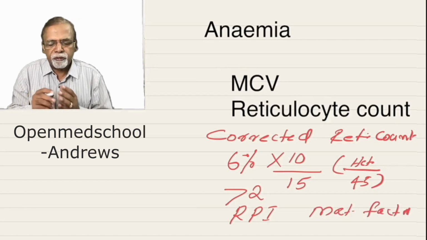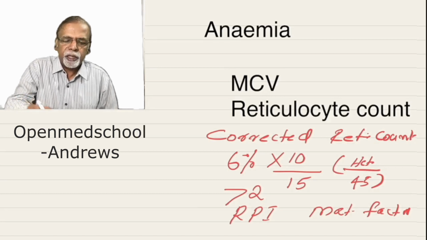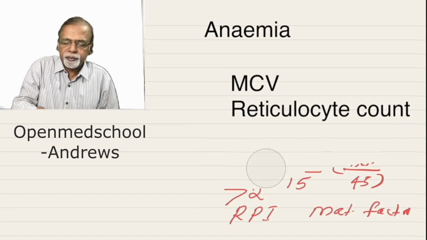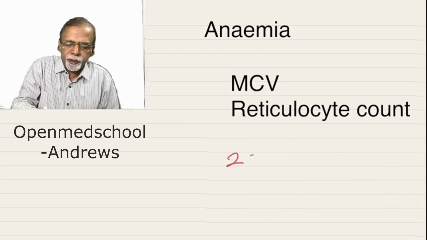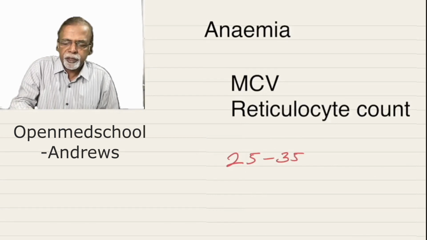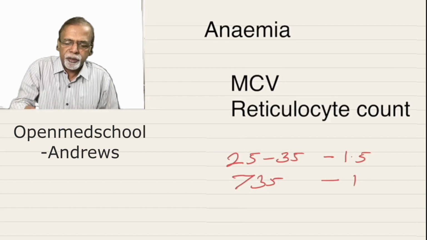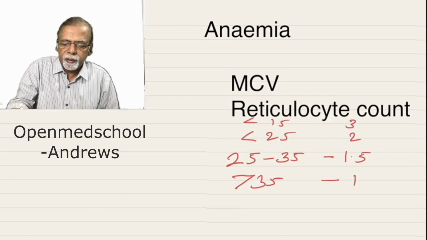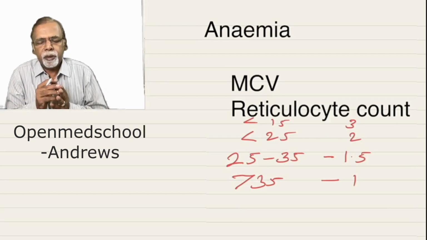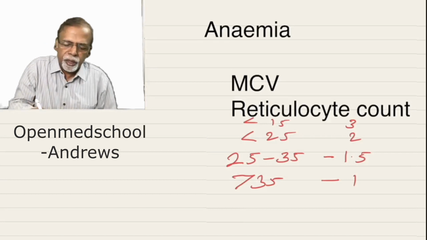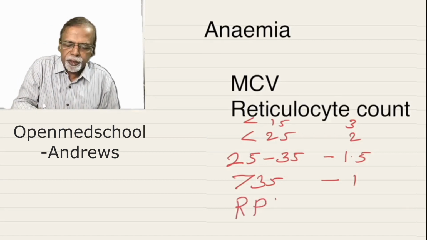Roughly, if the hematocrit is between 25 and 35, the correction factor can be taken as 1.5. More than 35, you take it as 1. Less than 25, you take 2. Less than 15, you take 3. This is how you identify the reticulocyte production index.